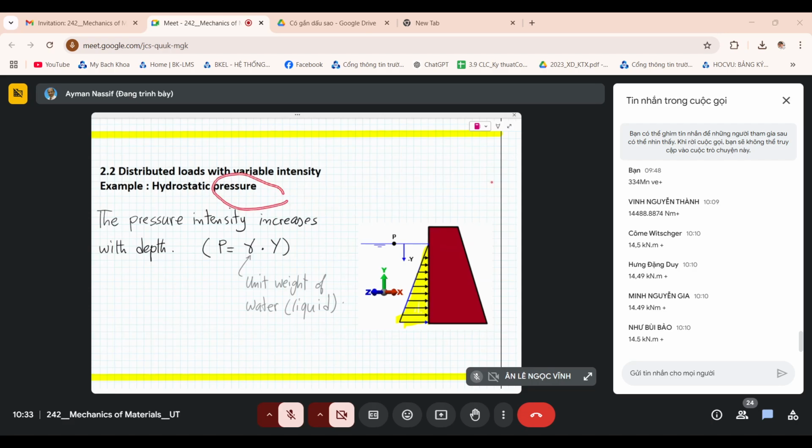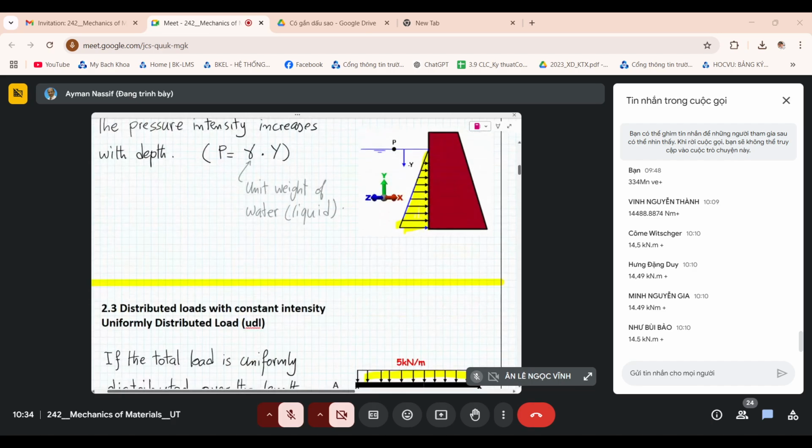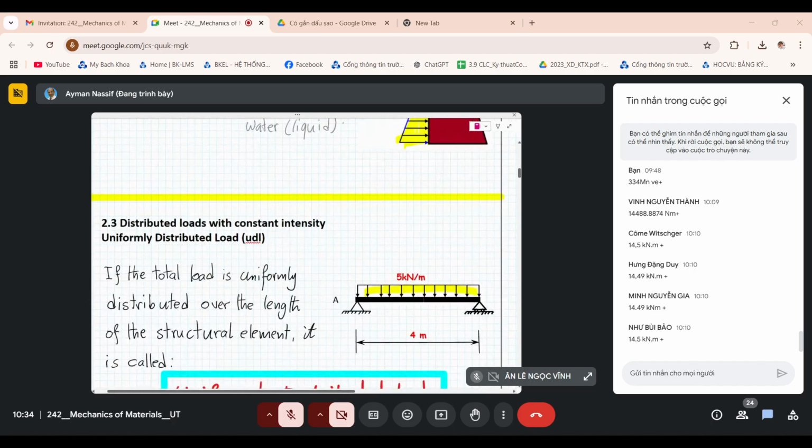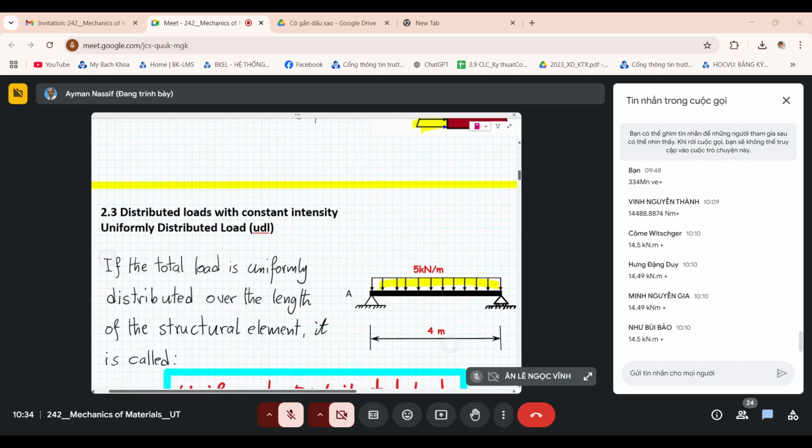It's basically like a pressure, if you like, a continuous variation, which you can think about as the idea of the pressure from water. Now, there is a type of intensity which we use a lot in structural engineering.